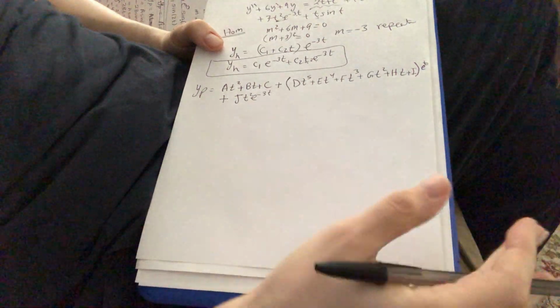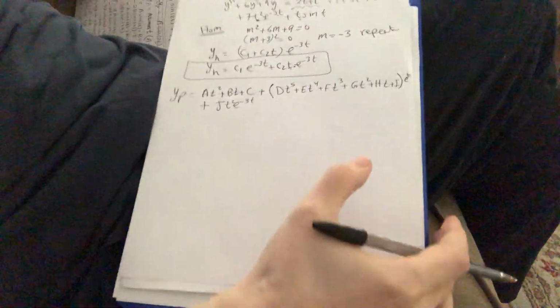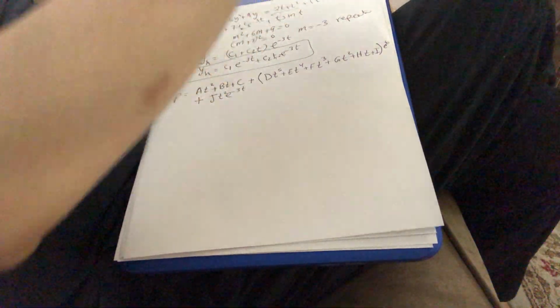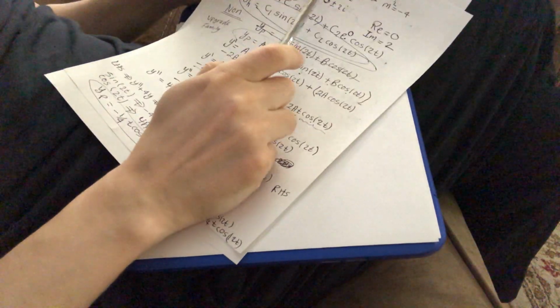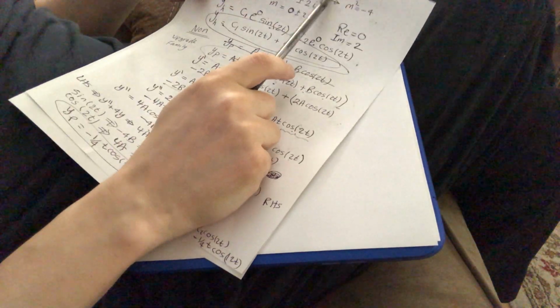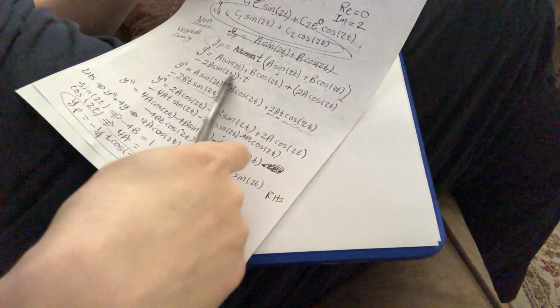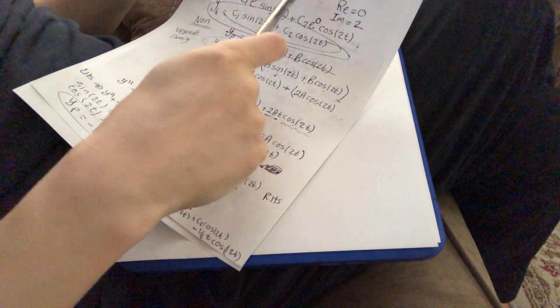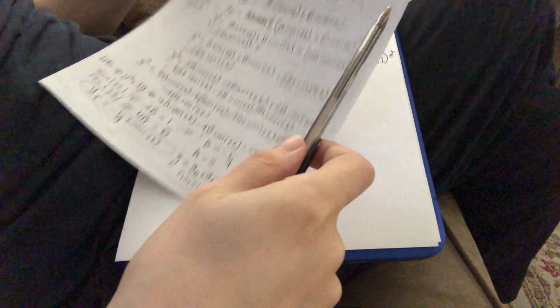This one is similar. Remember the question when we had the sine 2t, and I told you when you have the sine 2t, your UP would be this, but since you have it, we needed to upgrade.